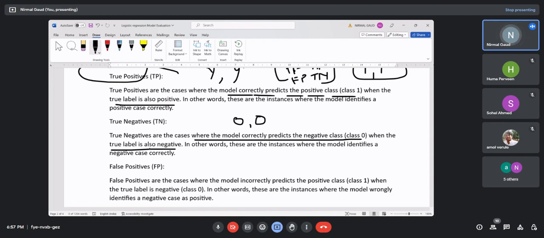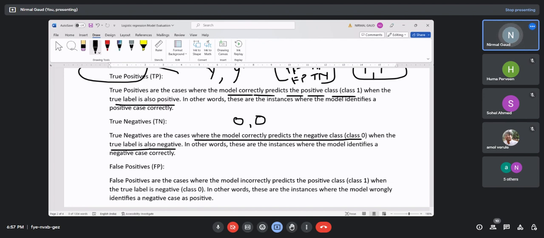Sir, what is this saying? True negative. Did we discuss something like this previously? True negative means your value was something else and it predicts something else. Here, what is it saying?